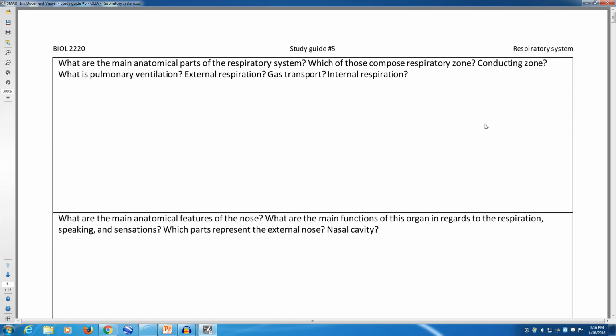So in terms of the parts, let me quickly go over, realistically speaking, all different parts of the nose. Yes. All different parts of the nasal cavity, tonsils, palatine. You saw the study guide.